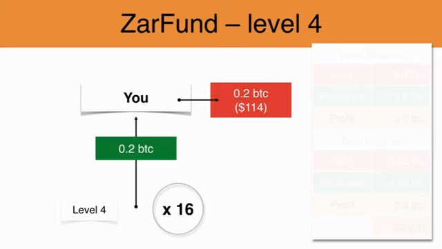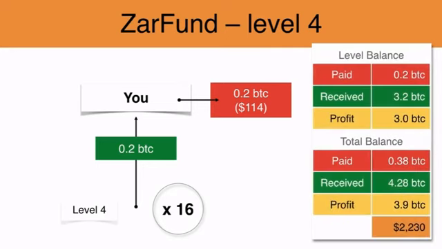You're looking at 16 people on that level sending you 0.2 BTC. And if we look over to the chart, it's going to show in reflection of that. You paid 0.2 BTC. You received 3.2 BTC once your level 4 is completed, for a profit of 3 Bitcoins.